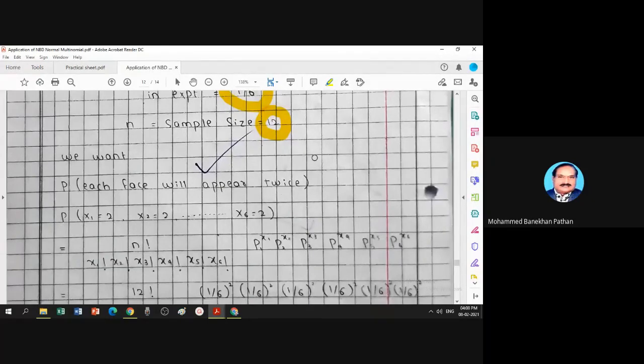That means if you perform the experiment, throwing of a dice, this is your dice, suppose.